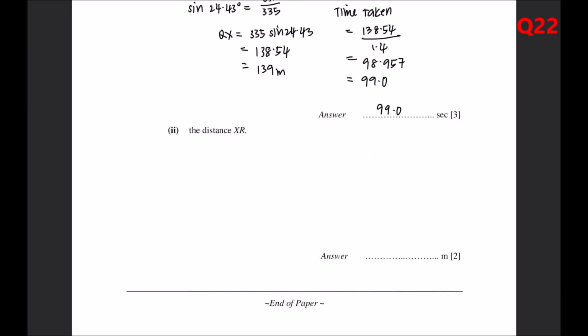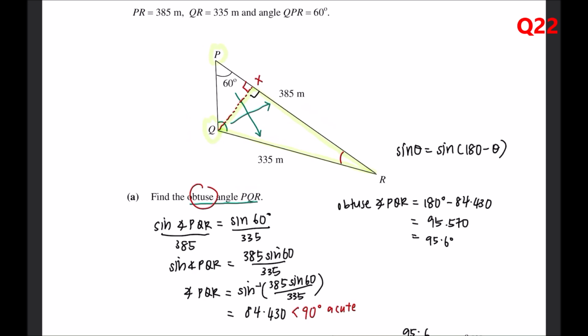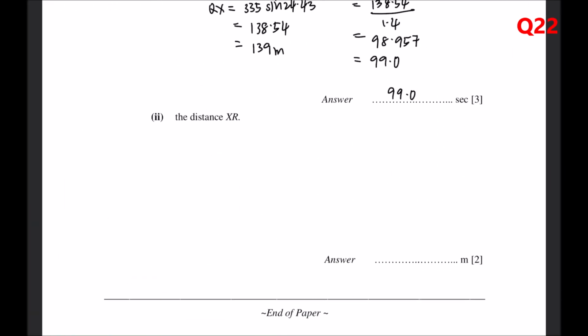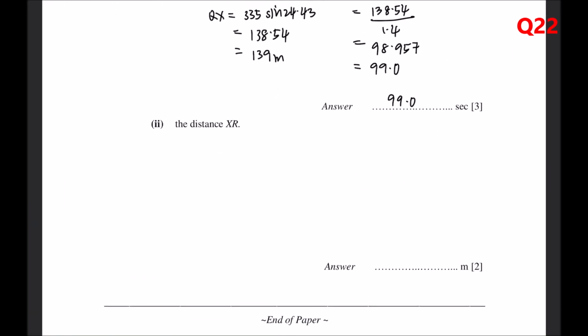Alright, and finally, the last part, XR. You want to find the distance XR. You have a right angle triangle. You have 335, and you have already found QX. So simply make use of Pythagoras' theorem. You find XR squared. Identify where the longer side is first.